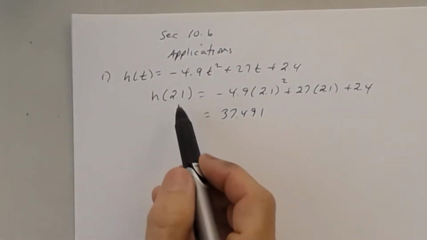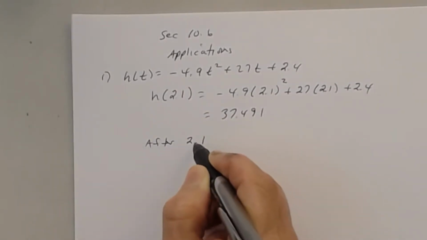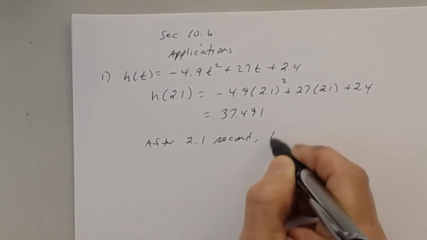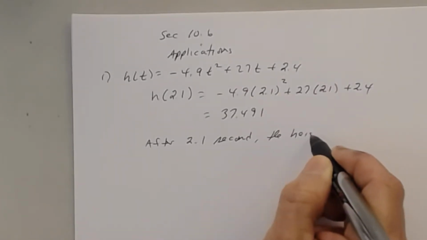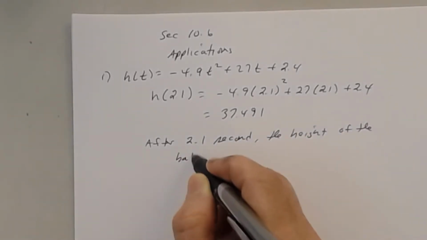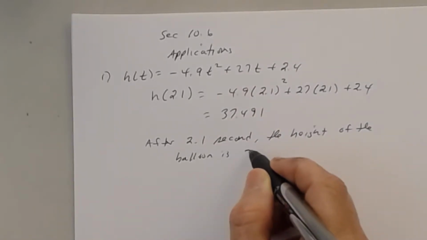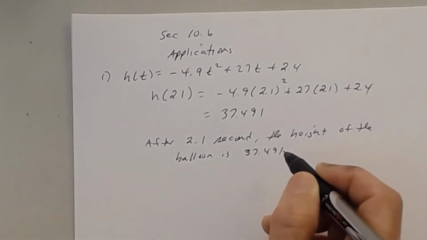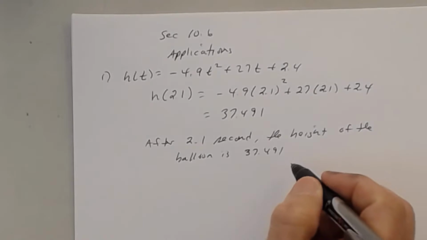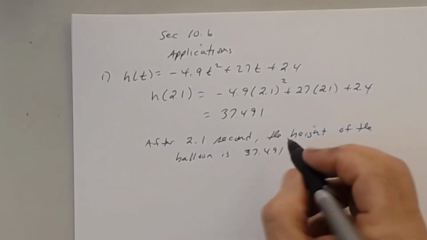You would say after 2.1 seconds, because that's the time, the height of the balloon is 37.491, but what are the units for height? It's in meters.